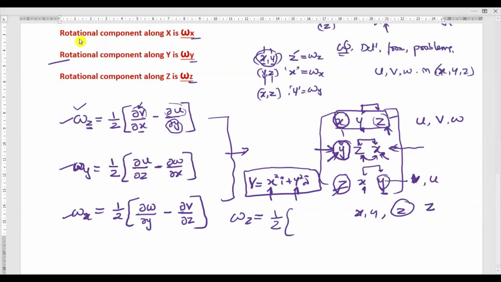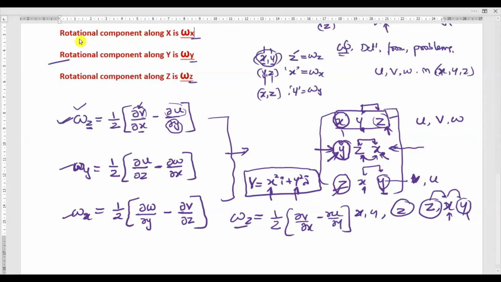For example, we are writing for z, it should be in the sequence order, right? After z comes x, after x it should be y. Now you take the partial derivative of the last term, that is y. The axis is there, the velocity component along y-axis is v, so dou v by dou x minus dou u by dou y, because the velocity component in x is u. It is the same equation we wrote here.